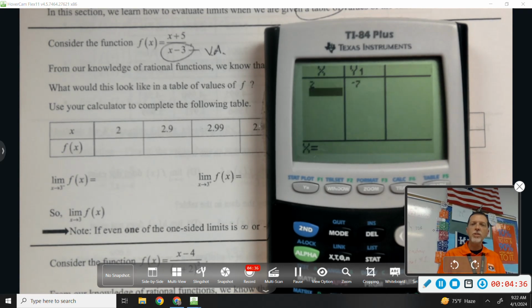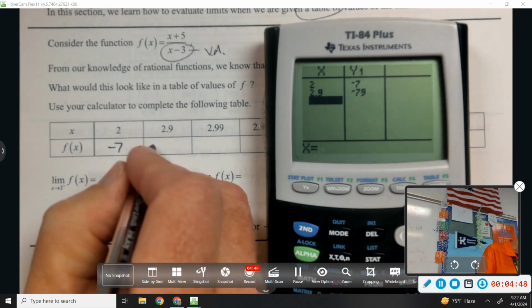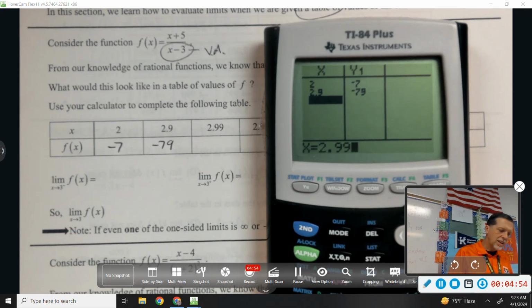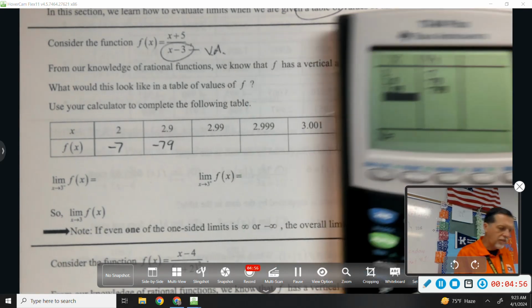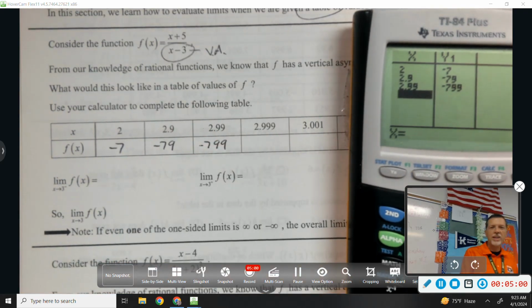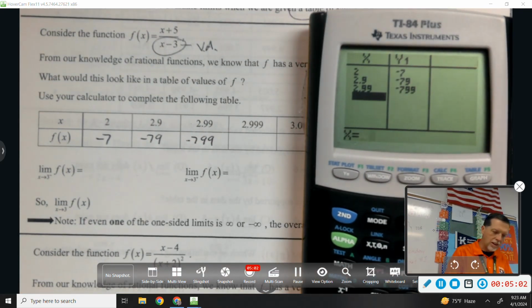So if x equals 2, y is negative 7. So we're building our table here. X equals 2.9, negative 79. 2.99, negative 799. I bet I could guess what the next one is without typing it in.